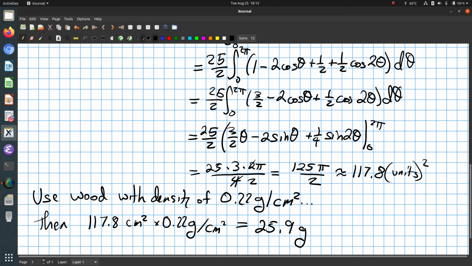So let's go ahead and make a wooden cardioid and measure its mass and see how close we get.